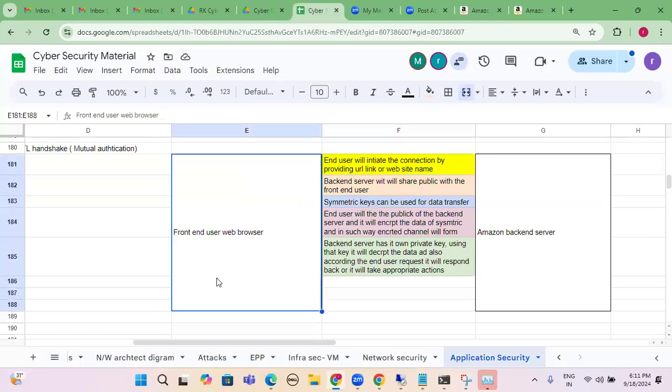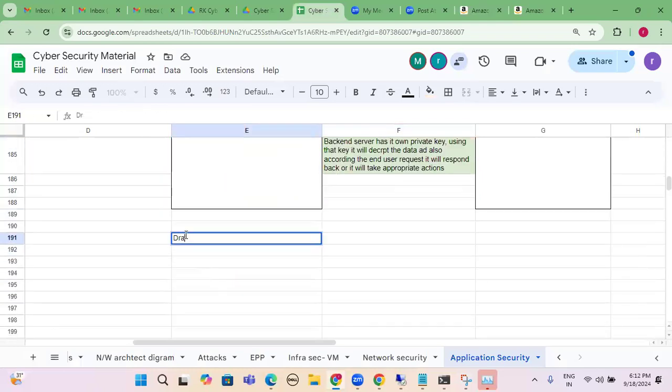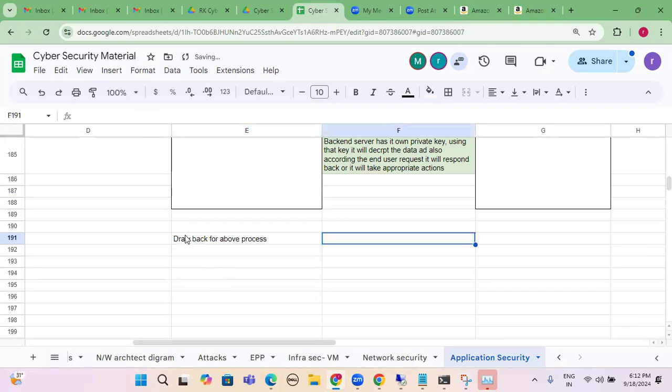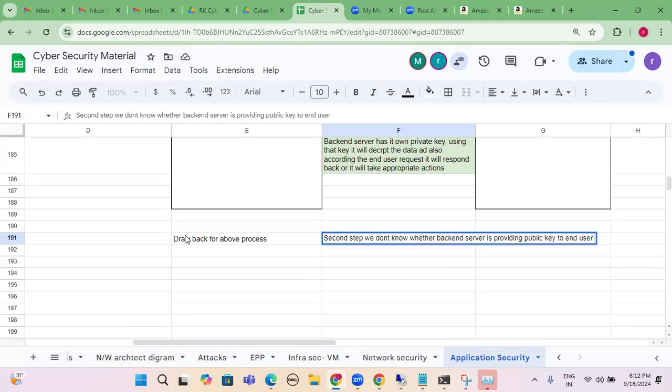Okay. Drawback. For the above process, second step, we don't know whether the end user is sending the data, or whether the backend server is providing the public key to the end user, or the attacker is sending.